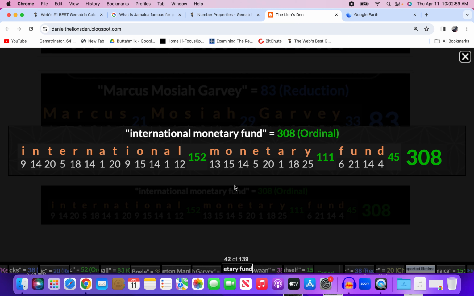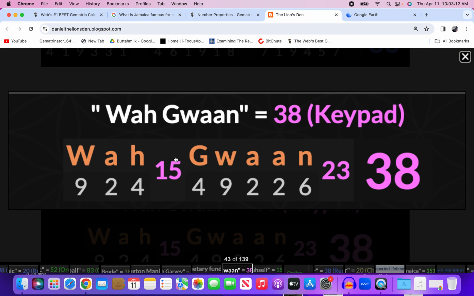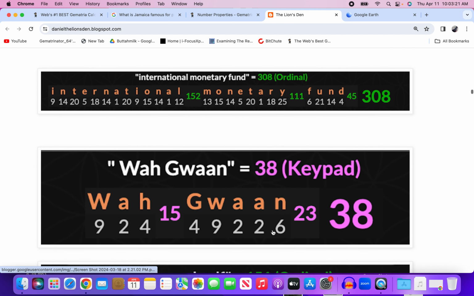The International Monetary Fund, which really put a number on Jamaica, that equals 308 or 38, just like Jamaica. And popular phrase in Jamaica, wagwan, maybe a different spelling, but this is one of the spellings I found that equals 38, just like Jamaica.